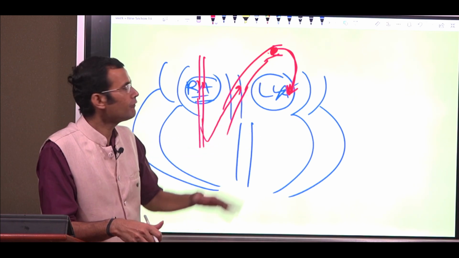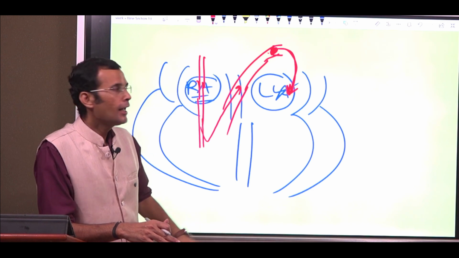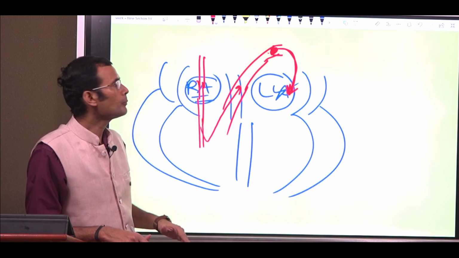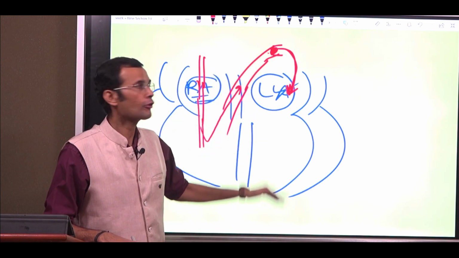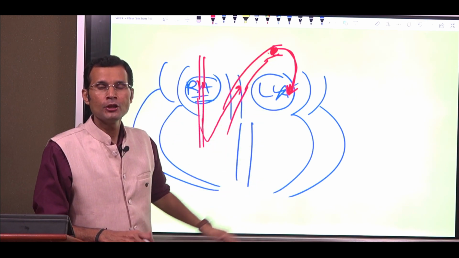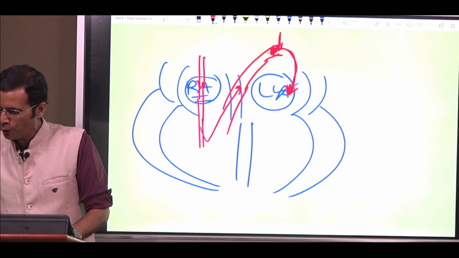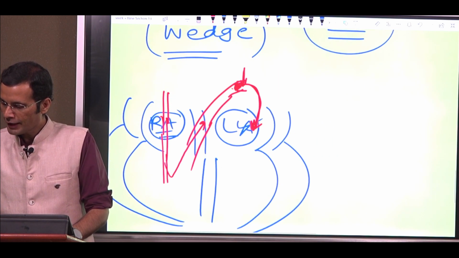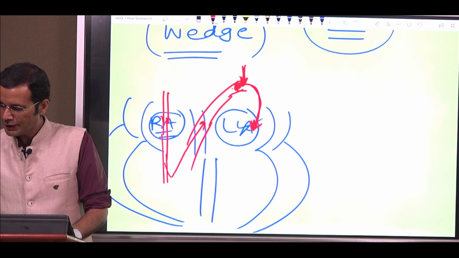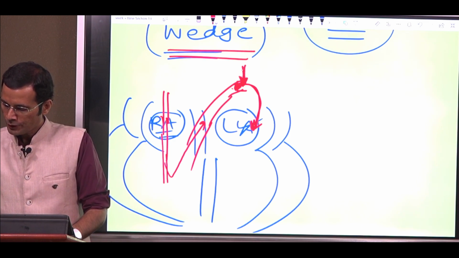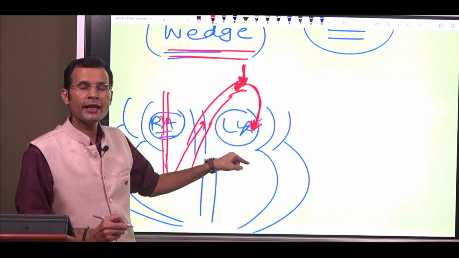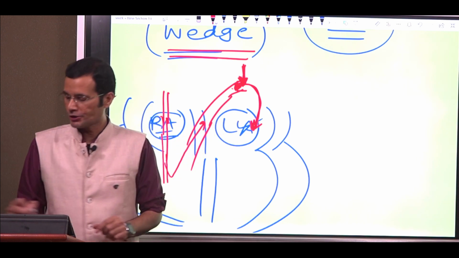So temporarily, the flow has been stopped. And if there is no flow, that means no pressure drop from that point to the left atrium. So after a few seconds, if you measure the pressure at this point where the wedge has been created, this pressure will be the same as the left atrial pressure.